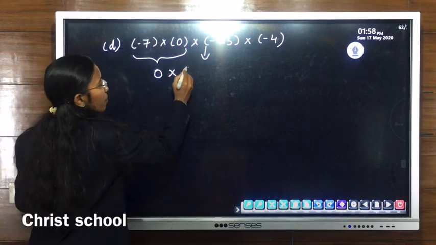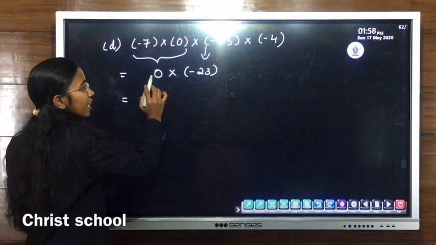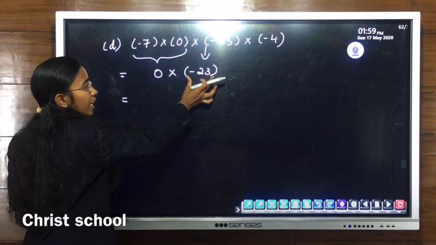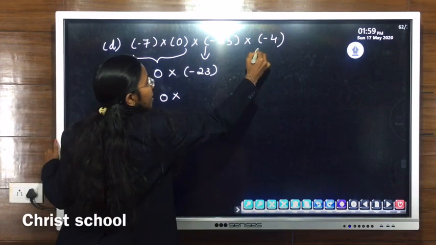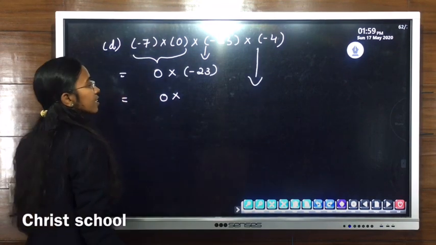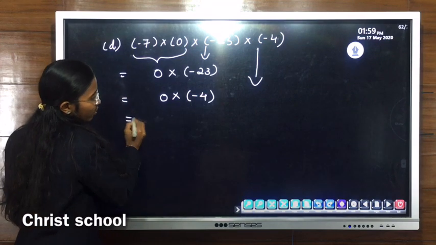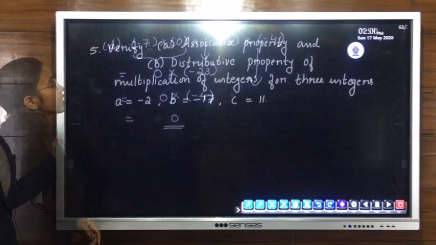Next integer is minus 23. That is again 0 into minus 23. Here is also multiplication of one integer with 0. Again our answer is 0. And write the next integer in the third step. That is 0 into minus 4, that is also 0. So this is the next question.